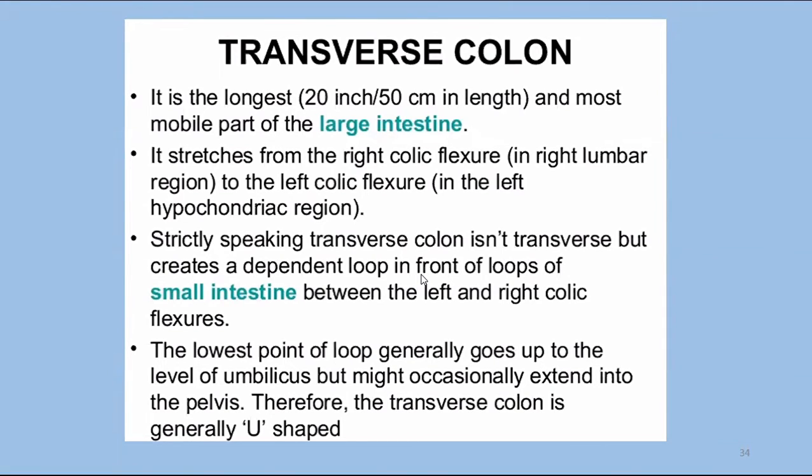It stretches from the right colic flexure to the left colic flexure. Strictly speaking, the transverse colon isn't completely transverse. There's a dependent loop in the middle part that may reach up to the level of the umbilicus, so it's a misnomer. It's more of a U-shape.